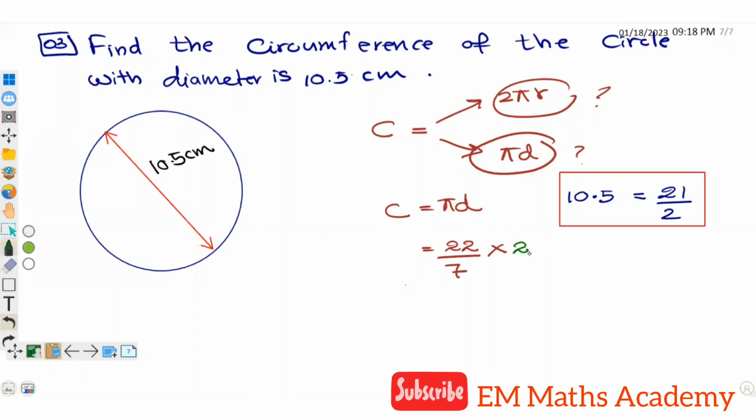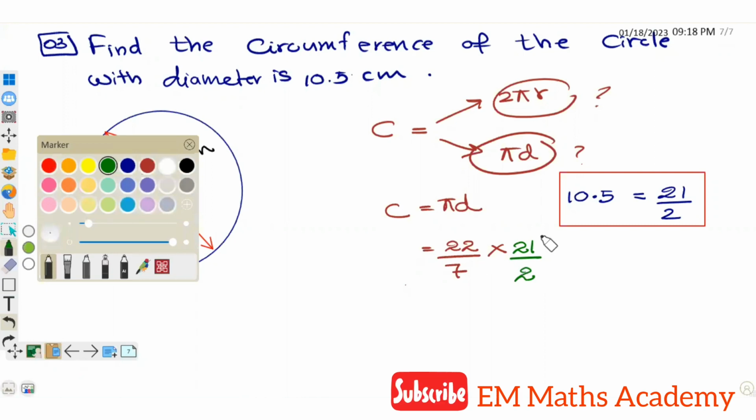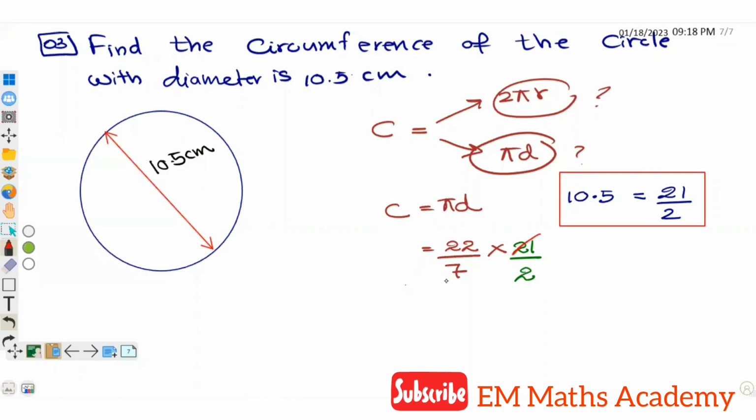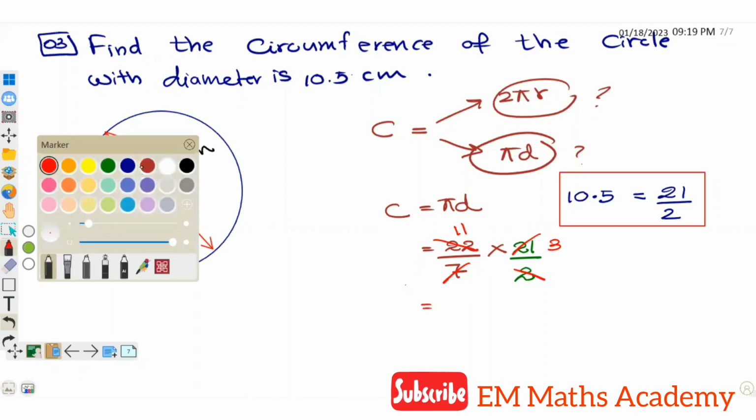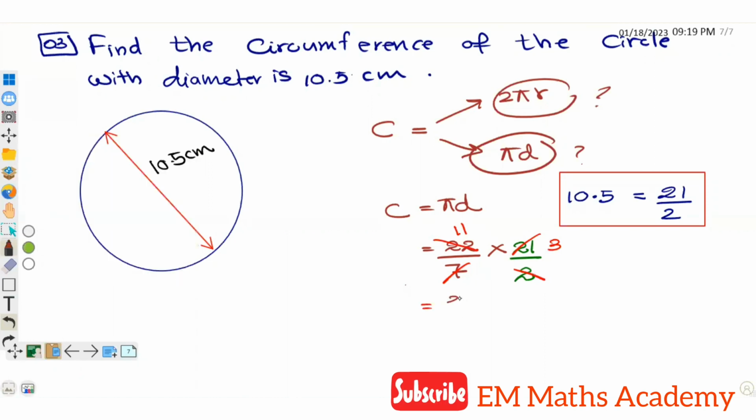This is 21 upon 2. So now it is easy to simplify. 21 divided by 7, it is 3. 22 divided by 2, it is 11. So 11 times 3, what is the answer? The answer will be 33 centimeters.